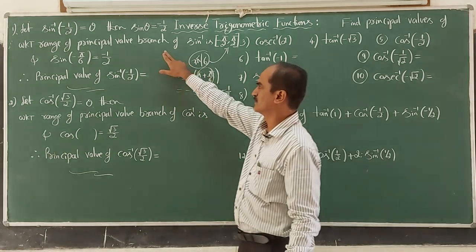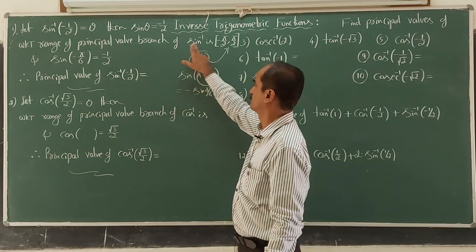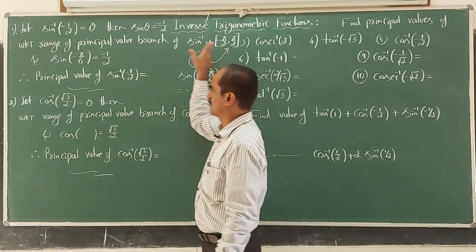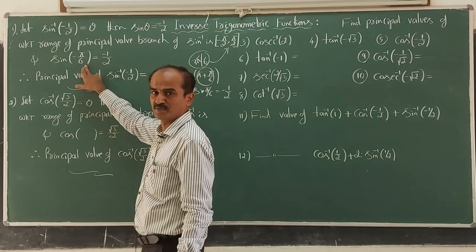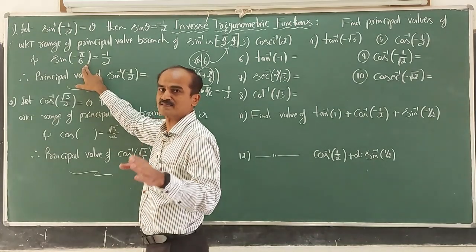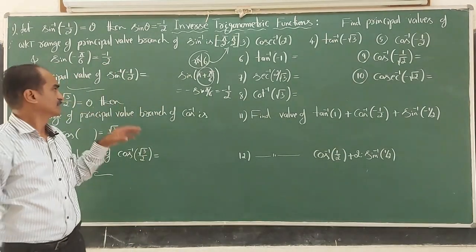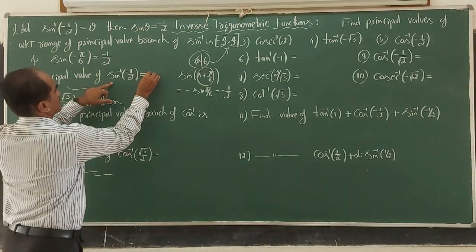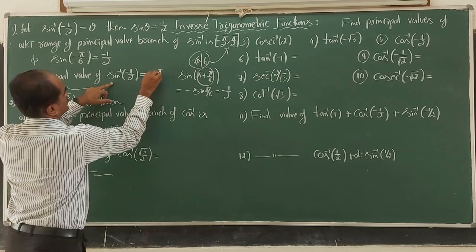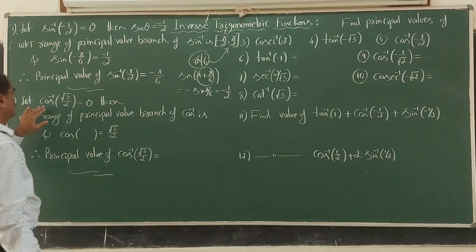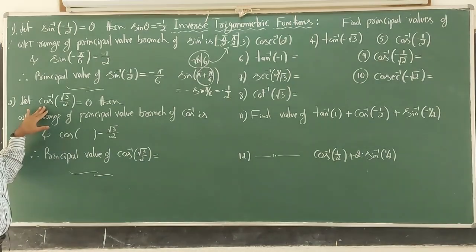That is why here we have written the range of the principal value branch is the closed interval minus pi by 2 to pi by 2, and one of the angles in that, namely minus pi by 6, is such that sine of that angle gives us minus 1 by 2. Hence, the principal value of sine inverse minus 1 by 2 is equal to minus pi by 6. Now, second question, find the principal value of cos inverse of root 3 by 2.